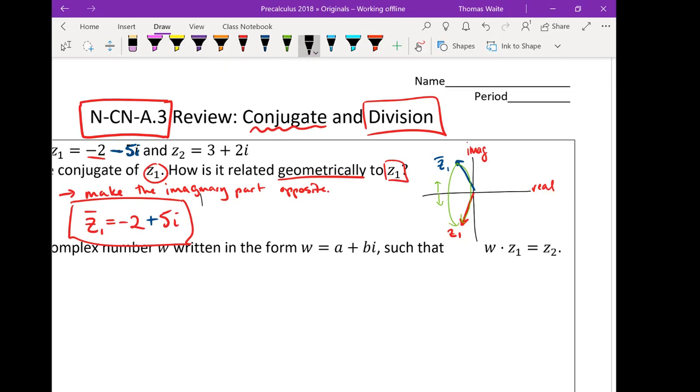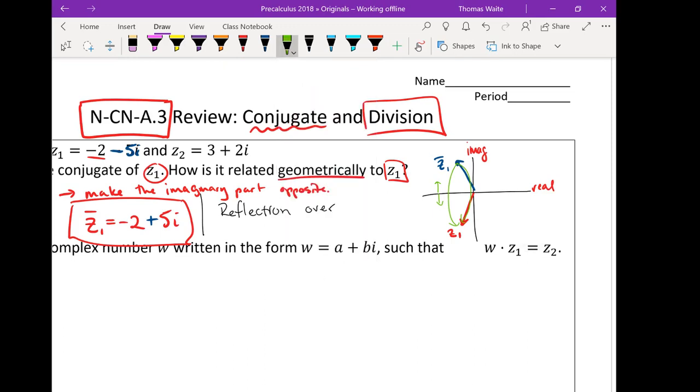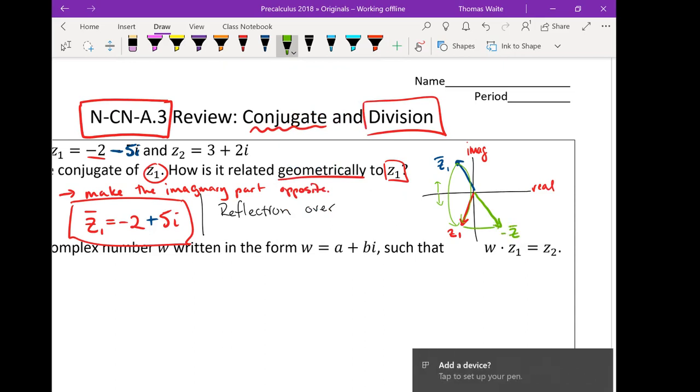So our geometric effect of the conjugate is always going to be a reflection over, and we have to be specific here because we could have reflected it a different way. In green, I'm going to highlight what it would look like if we reflected it over the imaginary axis. That would be over here, that's our negative conjugate. So we have to be specific on which one we want.